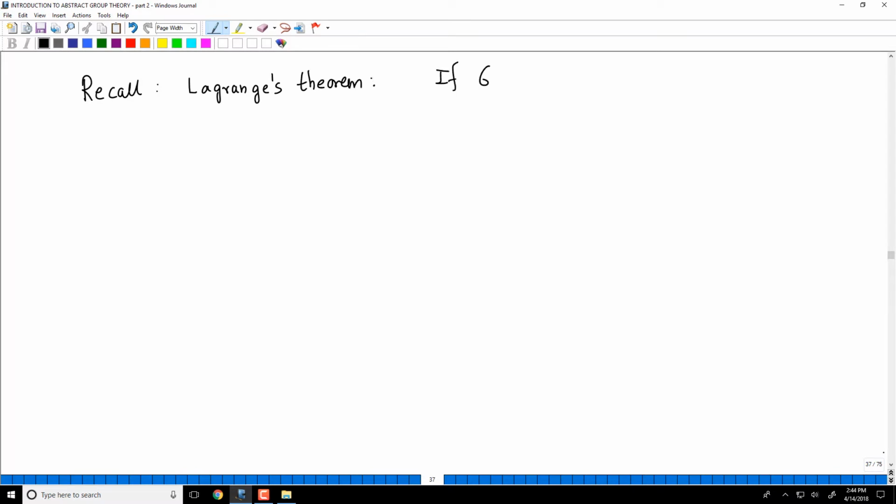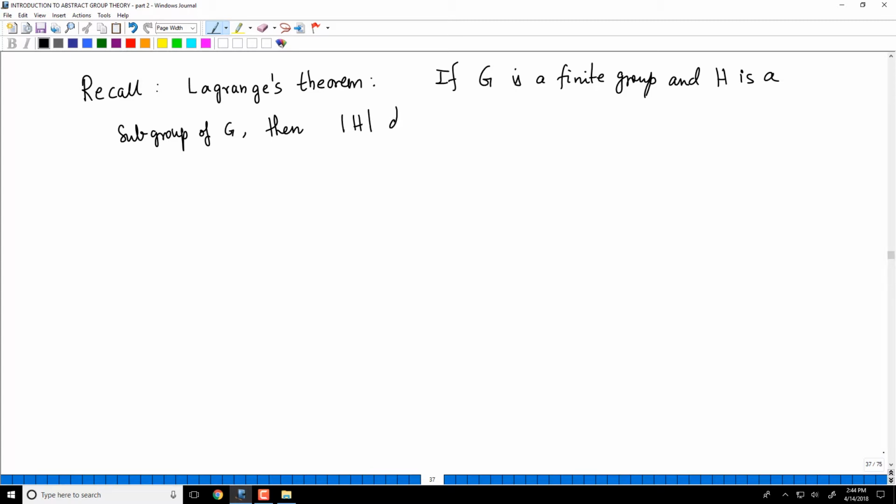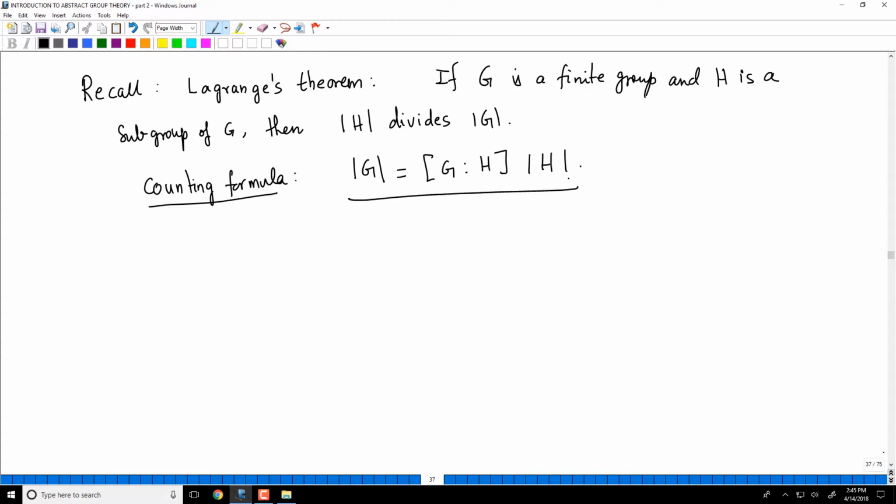If G is a finite group, and H is a subgroup of G, then the order of H divides the order of G. And in fact, we proved this by using a counting formula, which is a more precise statement about the orders of G and H. So not only does the order of H divide the order of G, we have this counting formula.